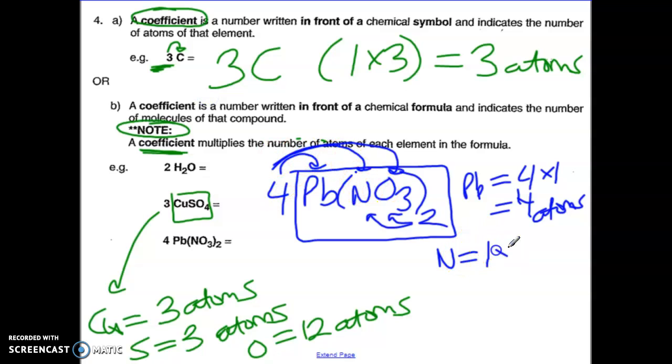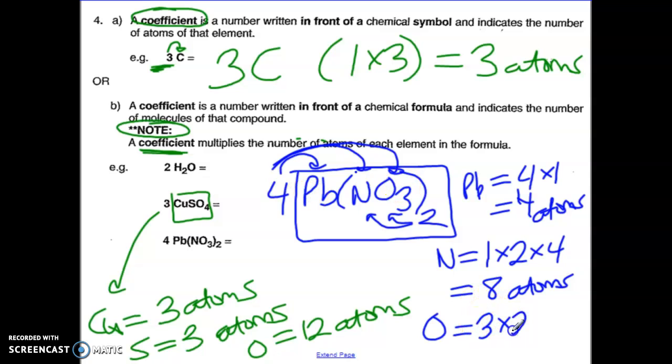So it'd be like saying 1 times 2 times 4, which would then be 8 atoms. Okay, and then oxygen would be 3 times 2 times 4. So 3 times 2 is 6. 6 times 4 is 24. So 3 times 2 times 4 is 24 atoms.